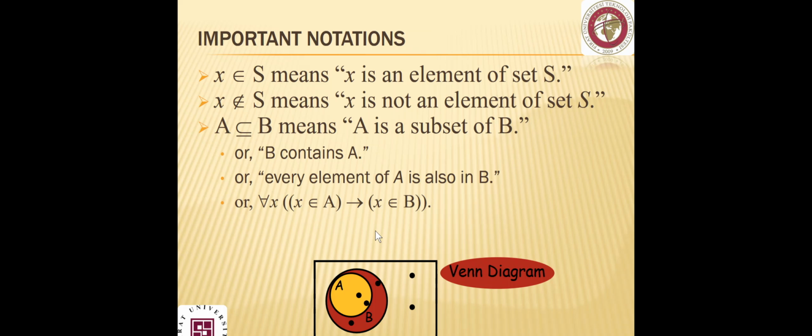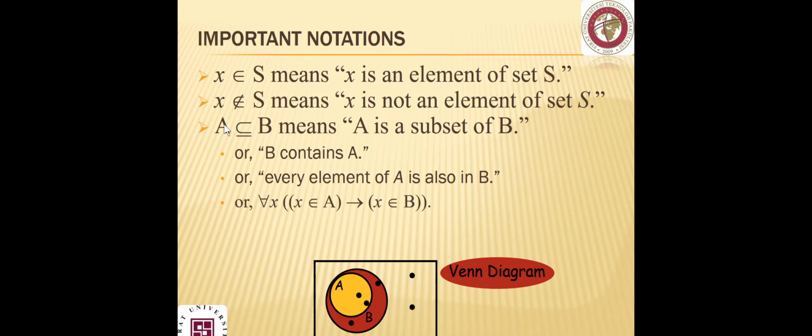Now, as I explained earlier, when we have this symbol, it refers to an element of something. X is an element of S, or X is not an element of S. And then we have another definition. If we say A is a subset of B, subset means B contains A. That means whatever element is in A must be in B. But there may be elements in B not in A. That's possible.